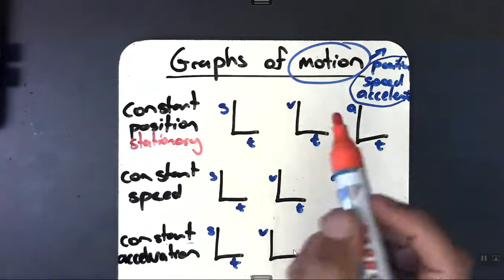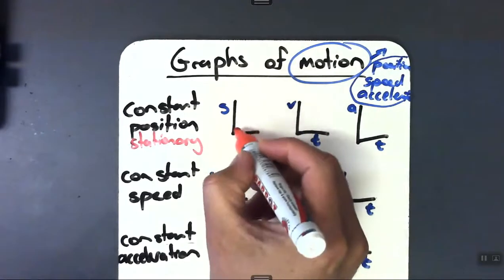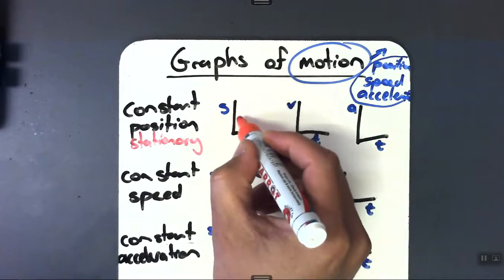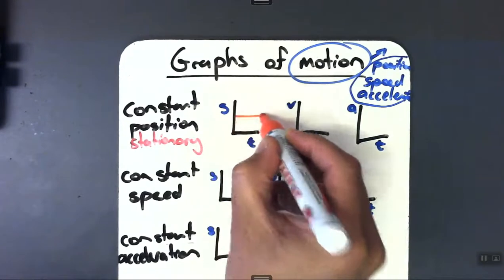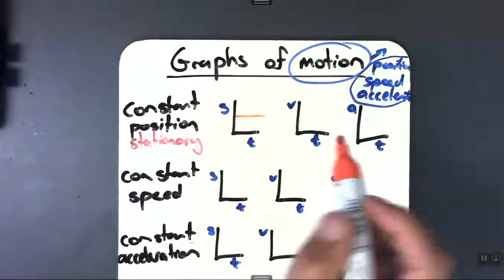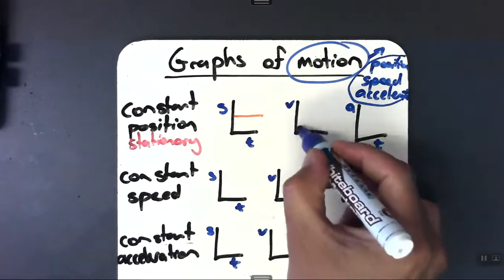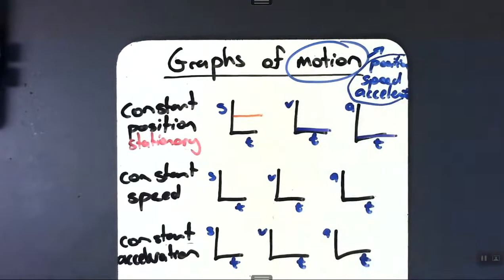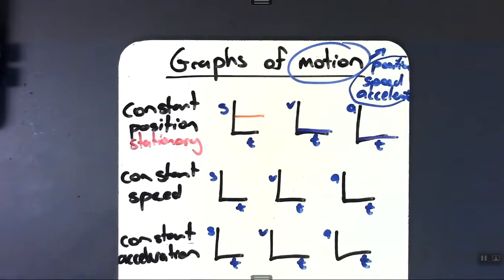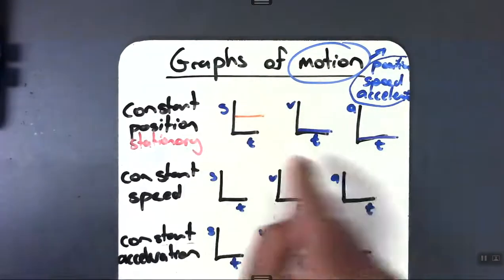So when someone is standing in a constant position, whether it's at 0, at 4, or at 8, we have a horizontal line, and because he's standing still, he has 0 velocity and 0 acceleration. So that is the first type of graph.